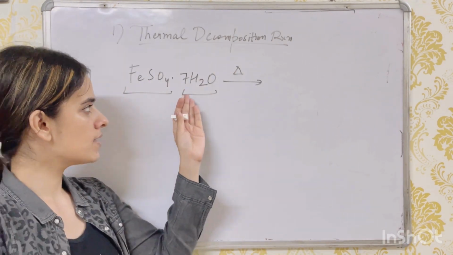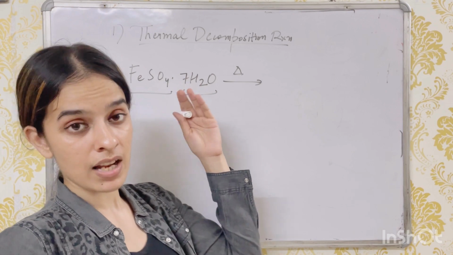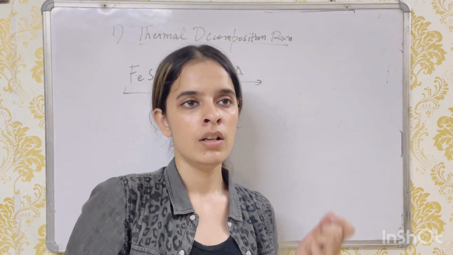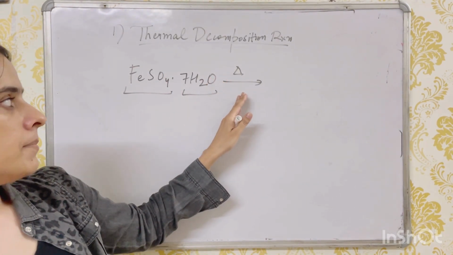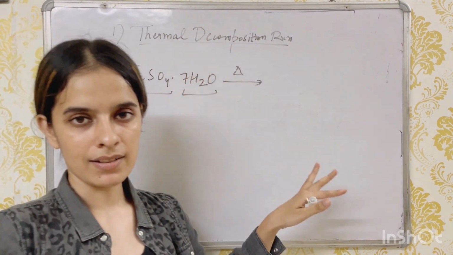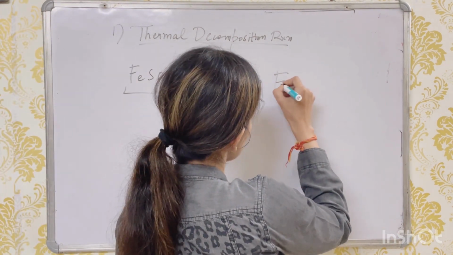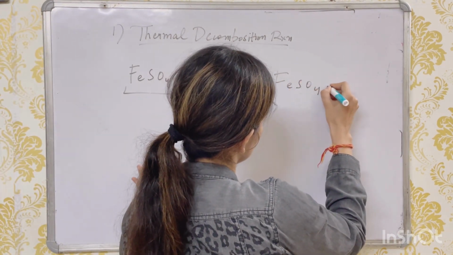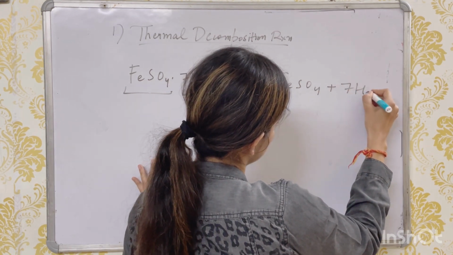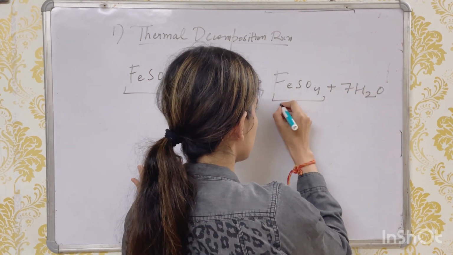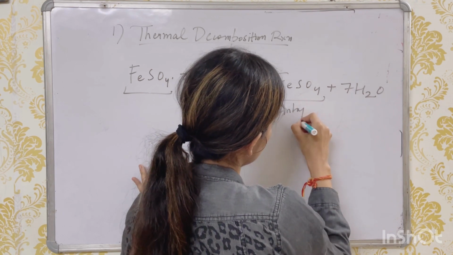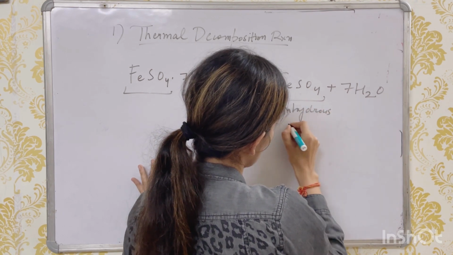Now, as you can see, water is attached with it, so it is in hydrated salt form. When we heat them, this water would be separated. How? Like this: iron sulfate plus 7 water. So this is the anhydrous form. This anhydrous salt is generally white in color.